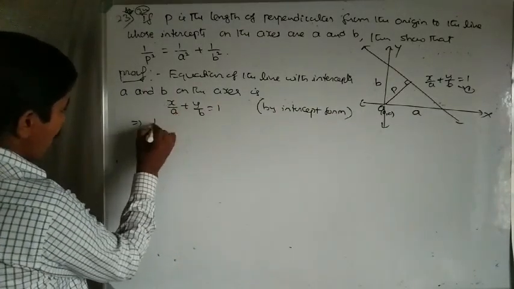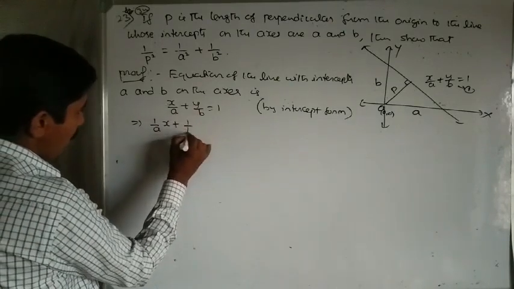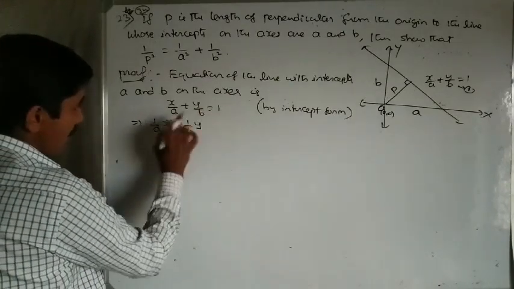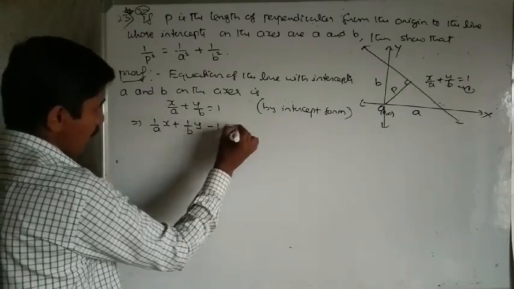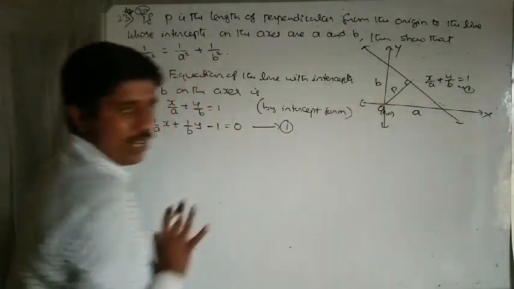The x coefficient is 1 by a into x plus the y coefficient 1 by b into y, and taking 1 to the left side, minus 1 is equal to 0. Call this equation 1.